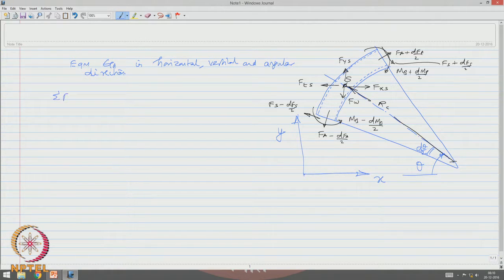We know that sigma Fy equal to 0 will lead to F1 cos theta minus F2 sin theta minus Fw plus Fys. Let us set this to 0.